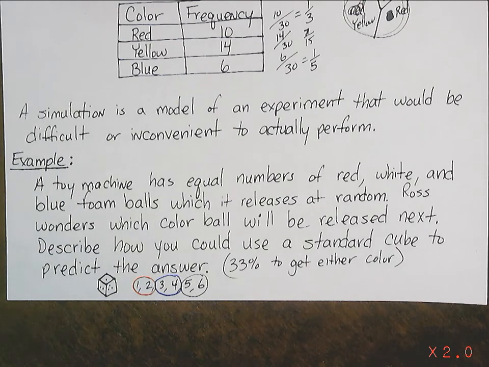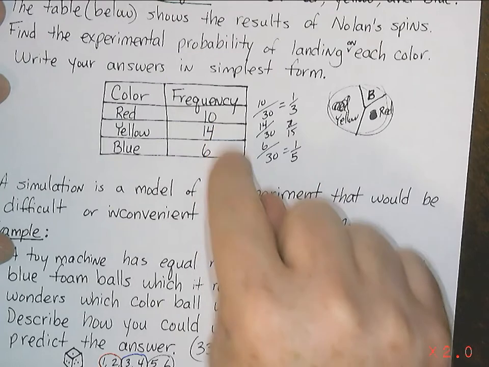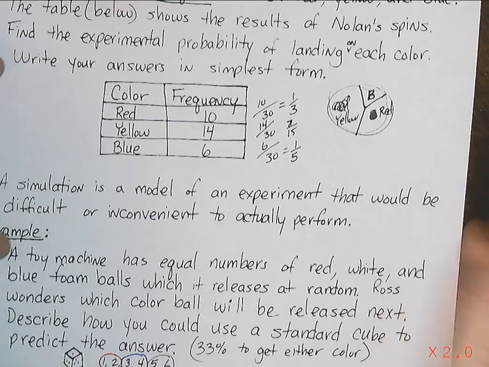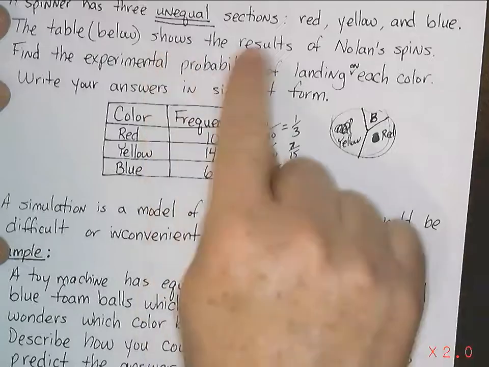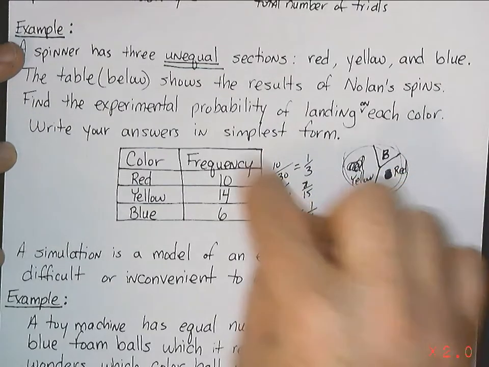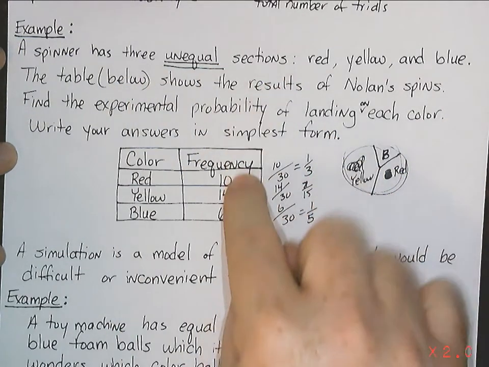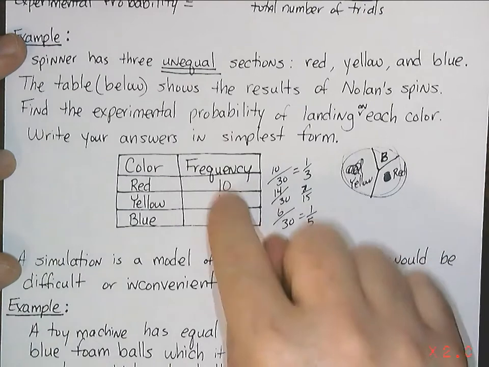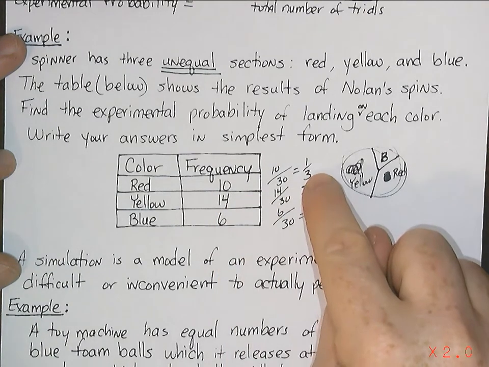But for the most part, remember, experimental probability is just you actually completing the task that they're asking you to do. They want to know, based on your experience of what's occurred before in the past, what's the likelihood of you doing something next. If it's unequal, it's still going to tell you what the next probability is. So to get red, you have a 33% chance.